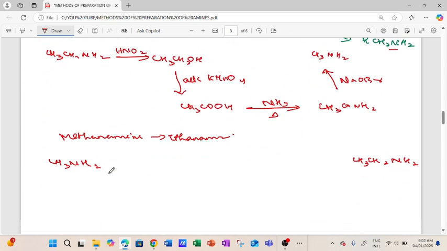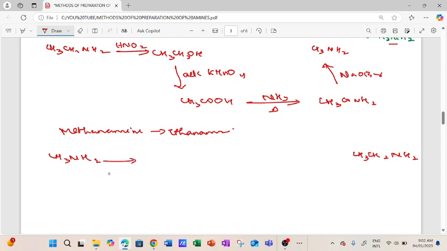So you take methanamine and change it into alcohol first. For that we need to add HNO2, nitrous acid, and then you can add SOCl2. We get the corresponding alkyl halide, and then CH3CN.